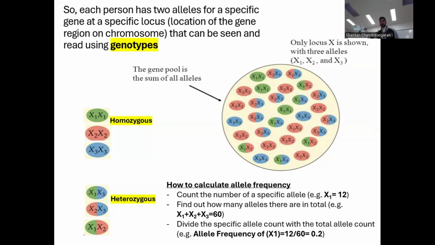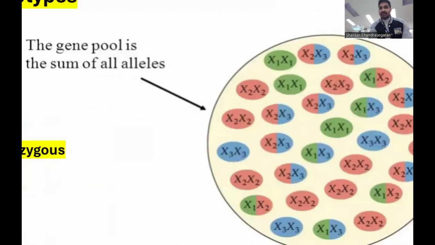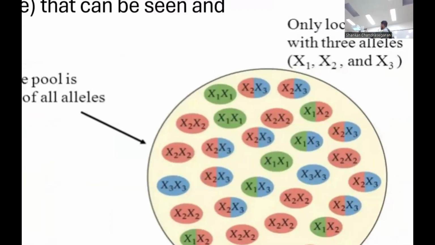So when you have individuals, basically what their alleles are going to be for a specific locus. Let's say one person has homozygous alleles for locus X, that means they'll have X1 and X1.